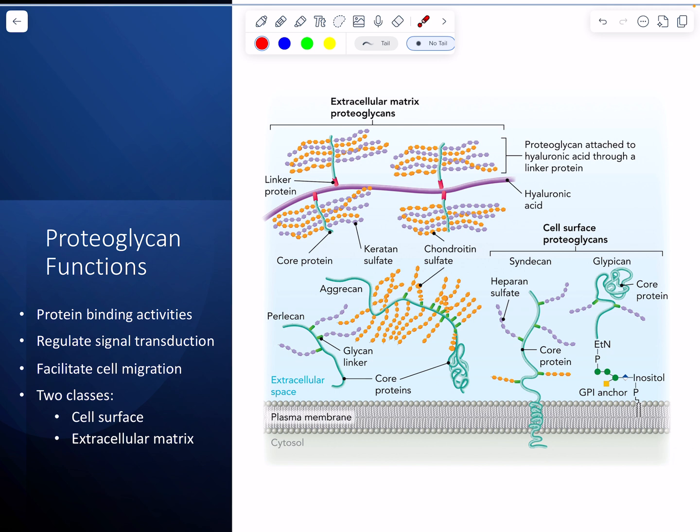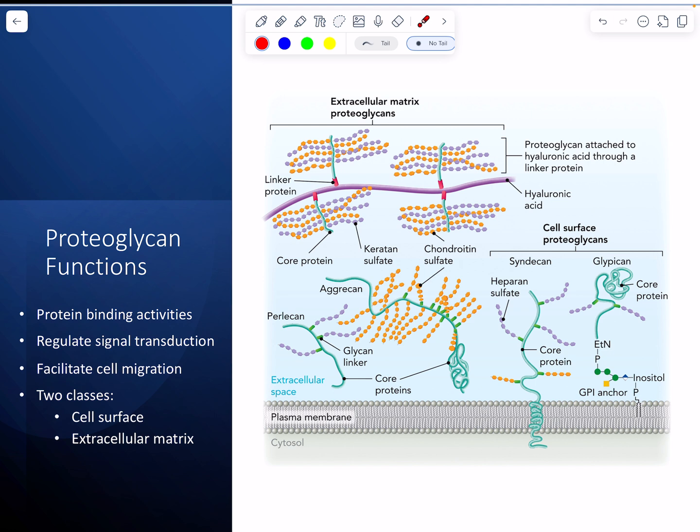What do they do? How do they function? Okay, so proteoglycans are involved in protein binding activity, so protein recognition. They also regulate signal transduction and the movement of cells from one place to another.